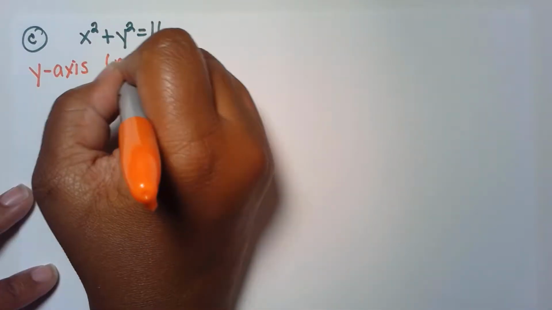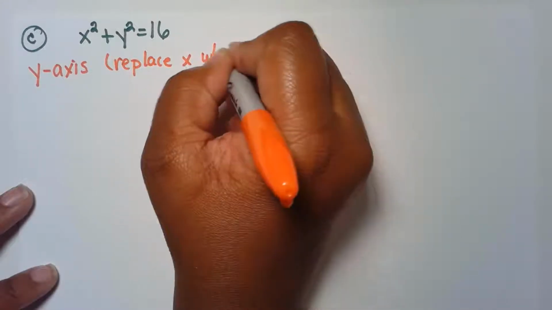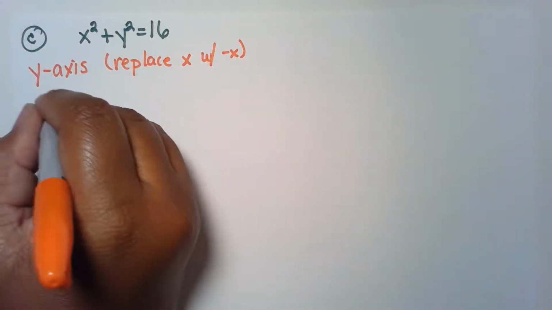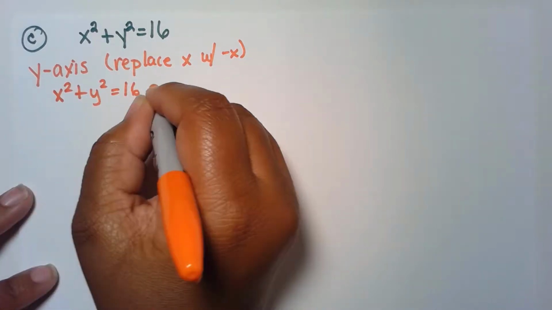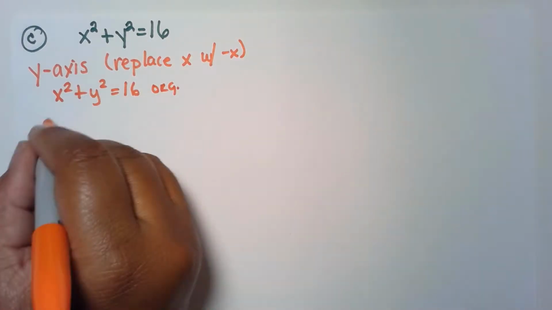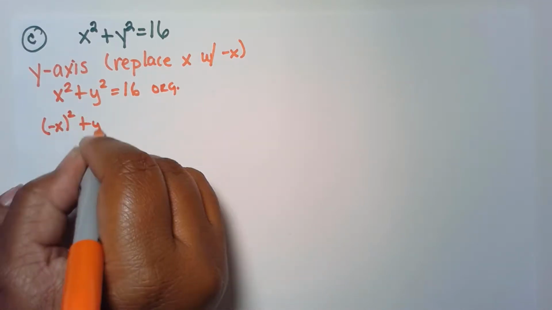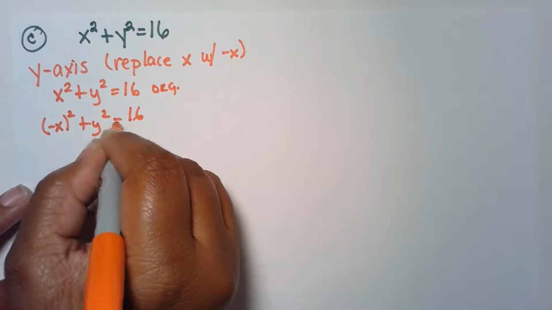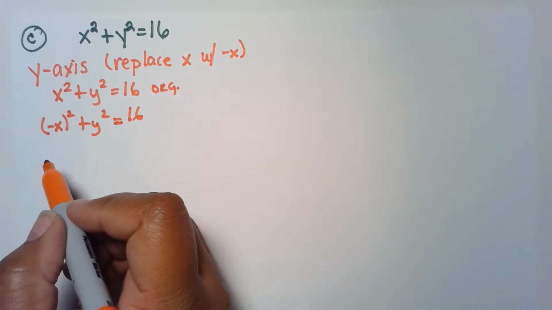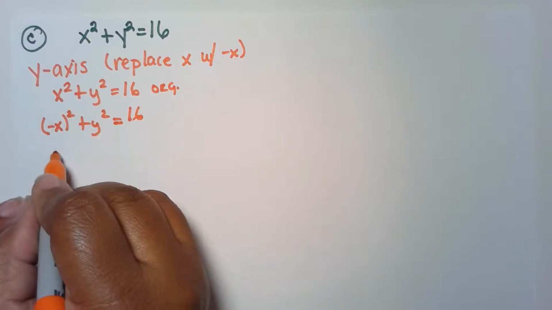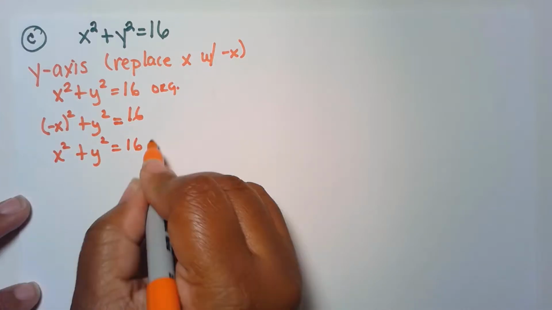We're going to replace x with negative x. Here's the original equation. Let's substitute. The quantity of negative x squared plus y squared equals 16. The quantity of negative x squared, that's negative times negative, x times x. So that's going to give us positive x squared plus y squared equals 16.